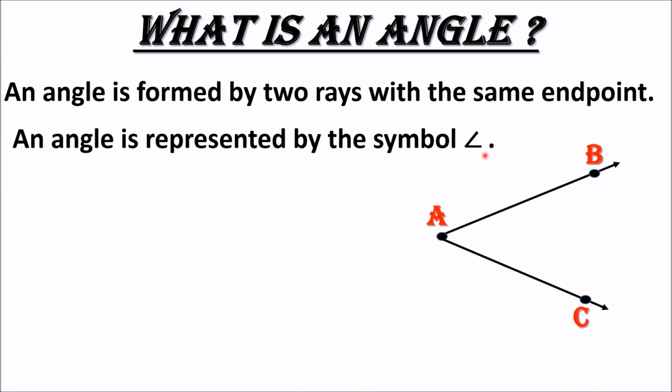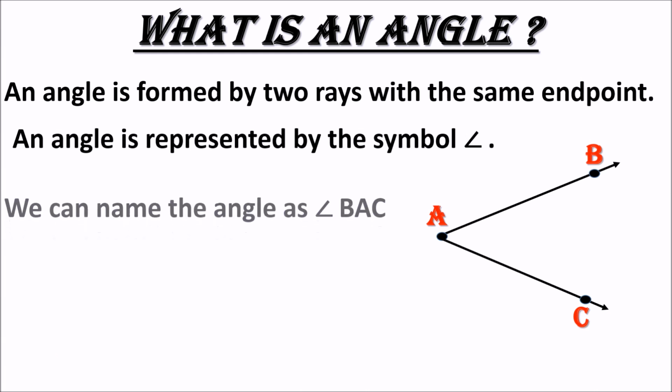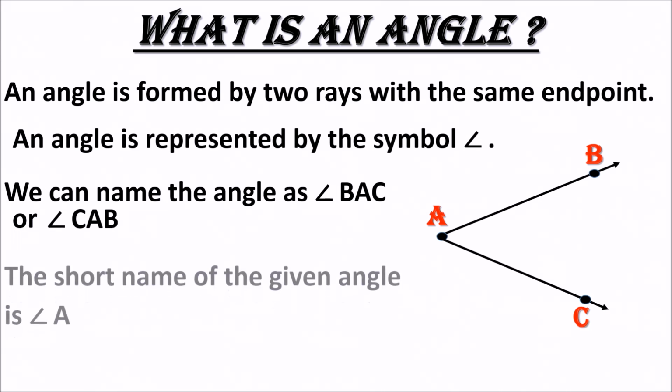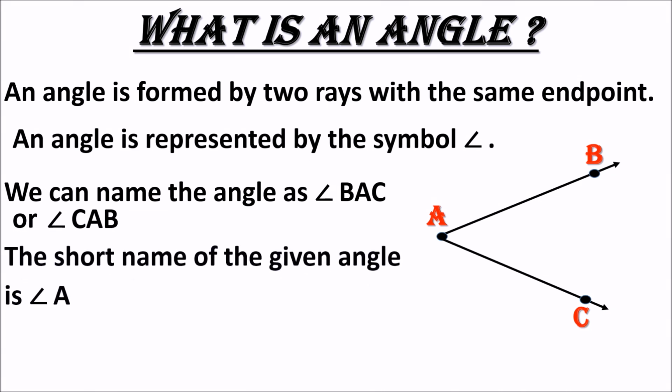If you want to represent an angle, you have to use this symbol. We can name the angle as angle BAC, or angle CAB. The short name of the angle is angle A.